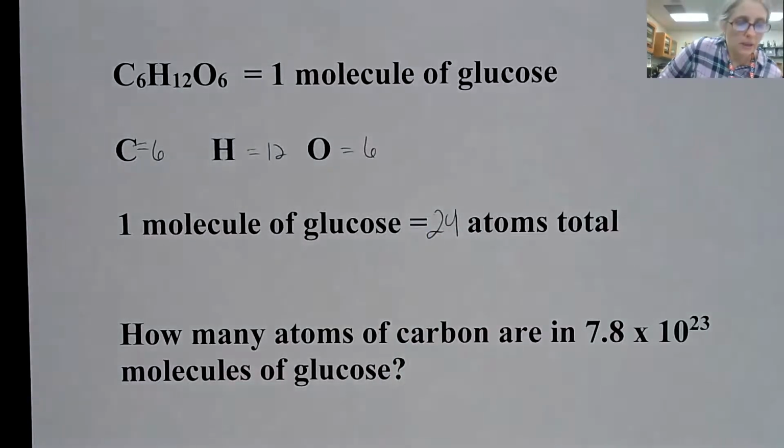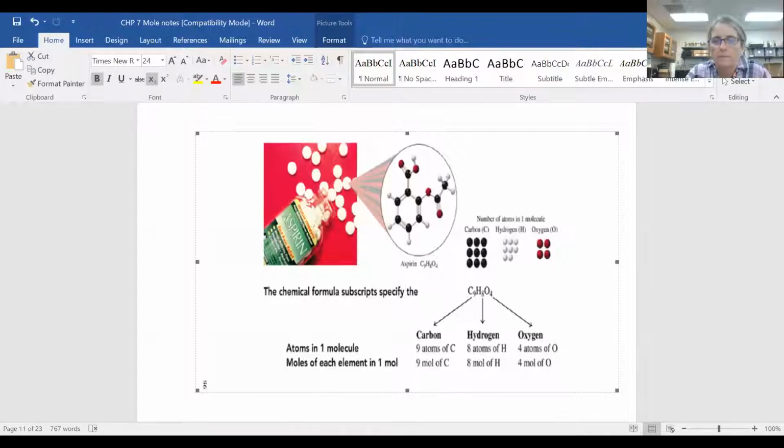Please keep in mind that this is also referenced in your book. So I'm going to switch over and show you in the book. This is found in section 7.1 in your Pearson online textbook, where they started to introduce the moles. They have a picture of aspirin, which is C9H8O4. With particle pictures, this is how an organic molecule is drawn.